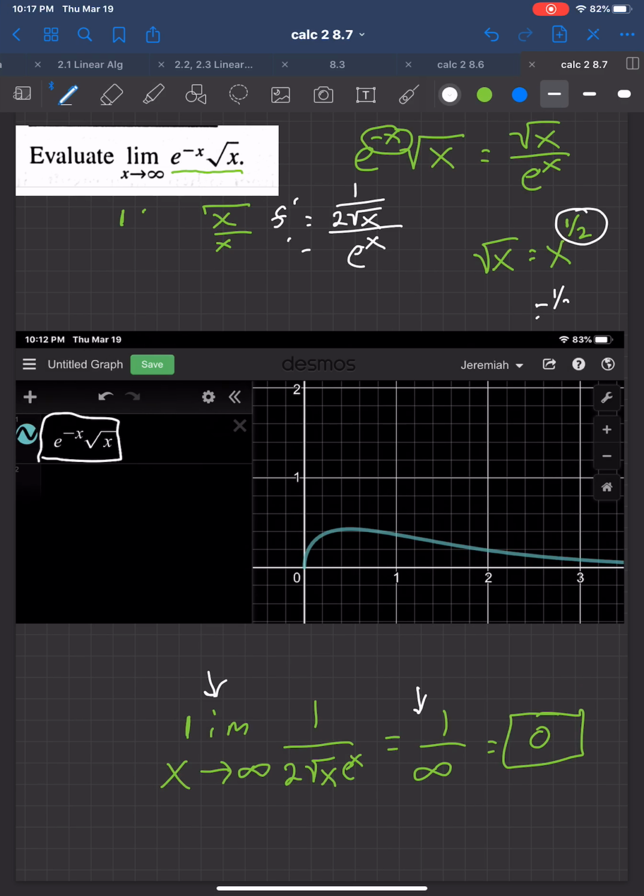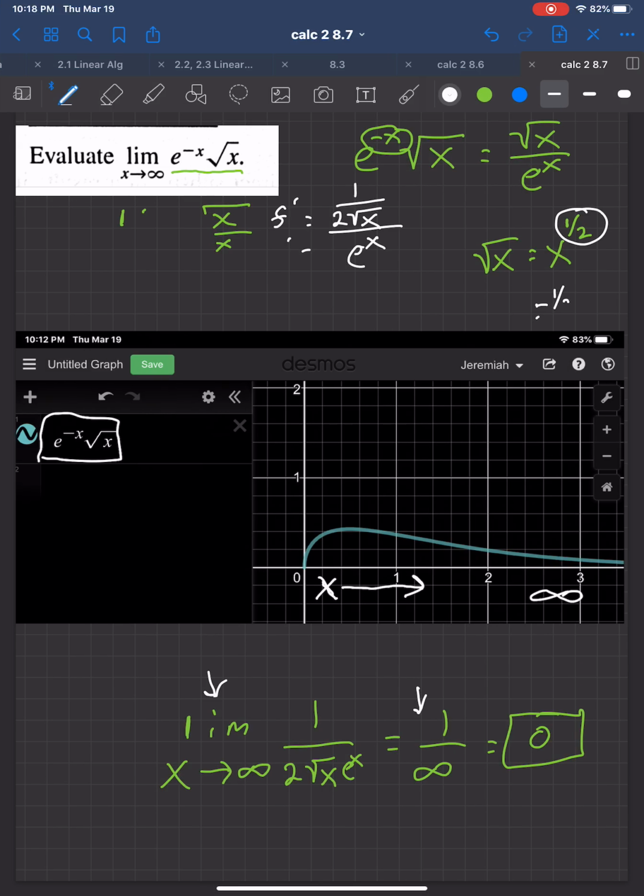So the idea of limit as x approaches infinity. So what the heck does that mean, right? So here's the x-axis, and x is approaching infinity, right? X is growing.